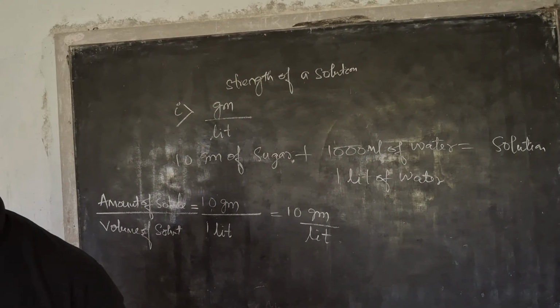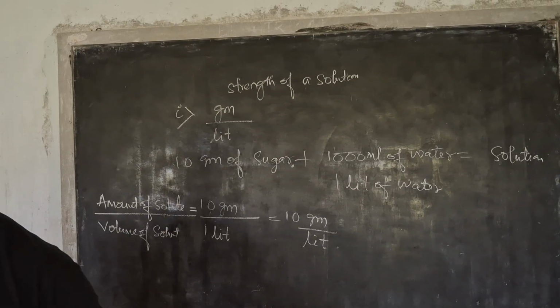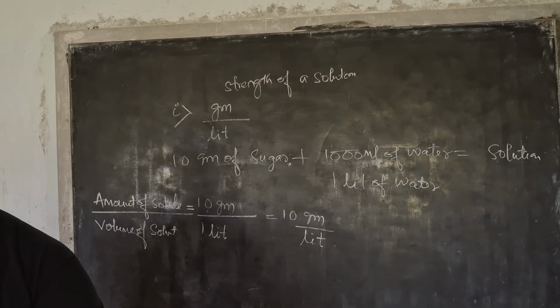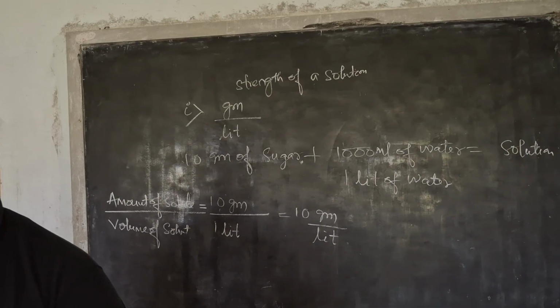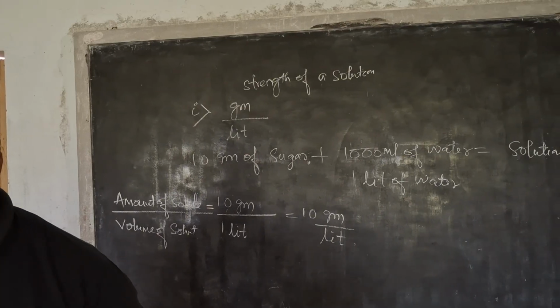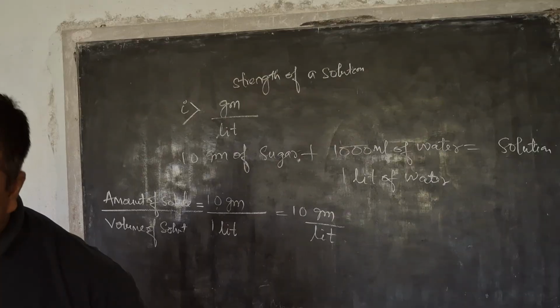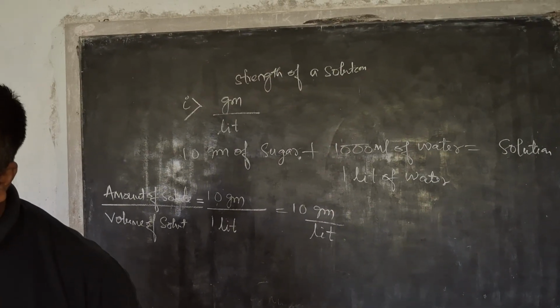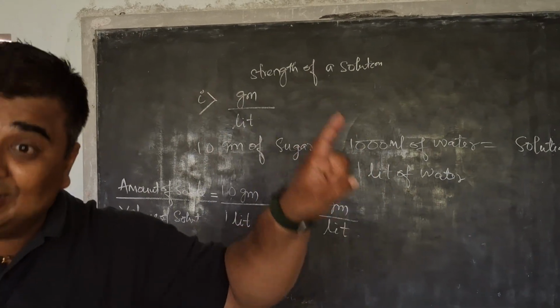You already know the taste of Thums Up. Suppose someone adds water into the Thums Up and gives it to you. You taste that too. Which one will be tastier? Obviously the first one, because that one is not diluted. That means it has a higher concentration.